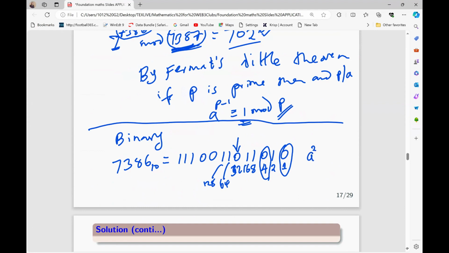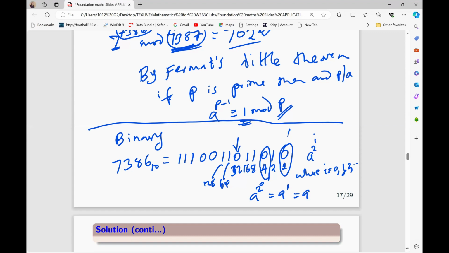So the easiest way, once you have changed this number to binary, is to take a raised to 2 raised to i, where i is from 0, 1, 2, and so on. When i is 0, what you get is a raised to 2 raised to 0, which is the same as a raised to 1, which is just a.